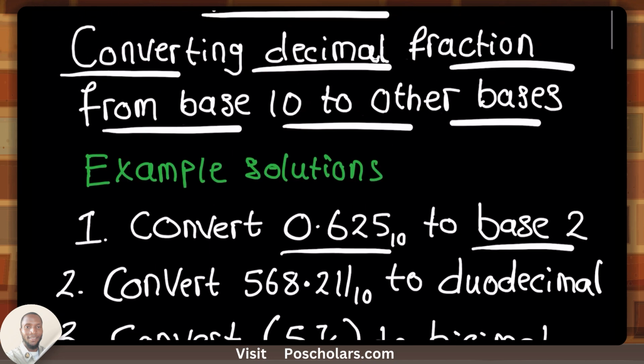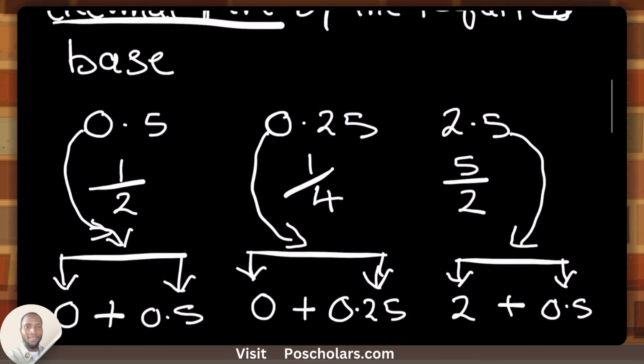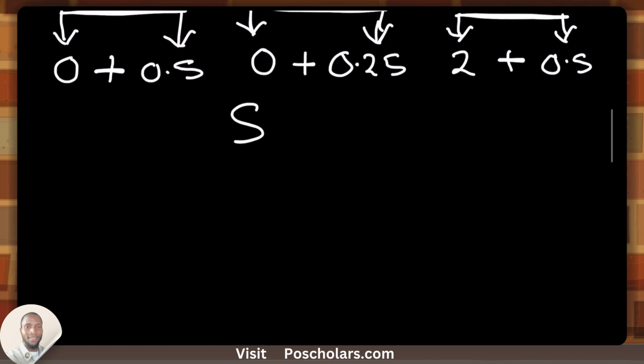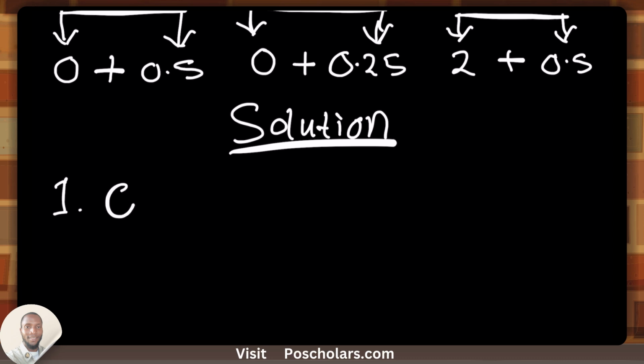We want to convert 0.625 base 10 to base 2 quickly. Solution. 0.625 to base 2.